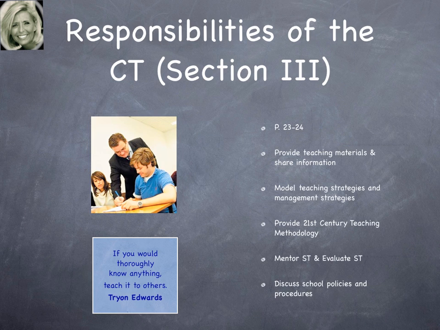The responsibilities of the CT, or the cooperating teacher, are highlighted on page 23 and 24 of the Student Teaching Handbook. And just to sum up what the expectations are for the cooperating teacher, we really want you to provide some teaching materials and share information with the student teacher, model teaching strategies and management strategies, provide 21st century teaching methodology, mentor the student teacher.